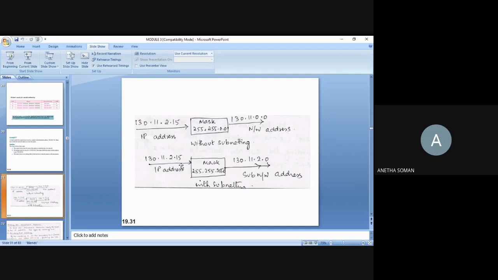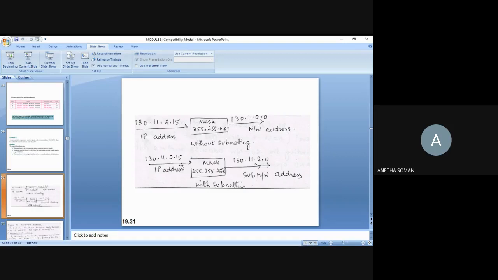Now, if I am doing the subnetting process, what will the mask value be? You will have 255.255.255.0. Wherever the 255 values are there, those values will be retained or preserved. So 130.11.2.0 will be the subnetwork address.